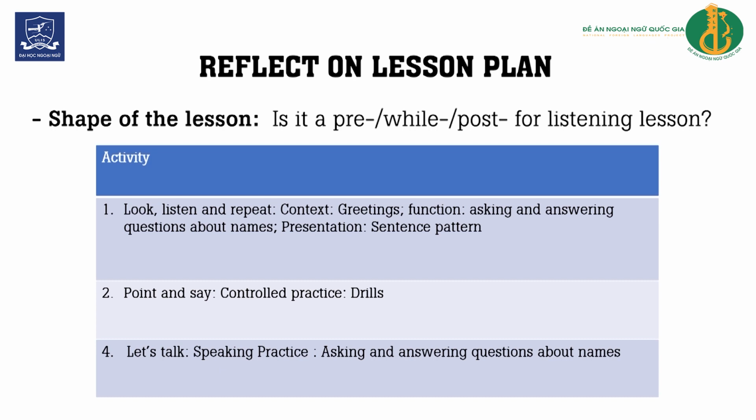However, with the written text available for students, there is not a meaningful reason for students to listen and identify the names of pupils in the picture. Therefore, the pre-while-post shape is not very appropriate. A more suitable shape is PPP, like this.